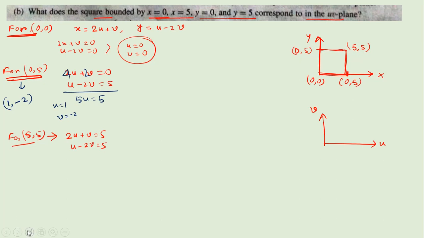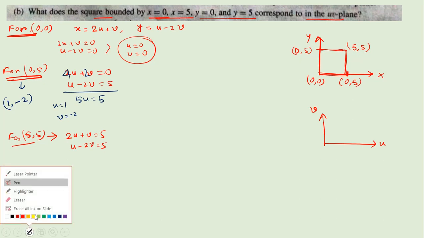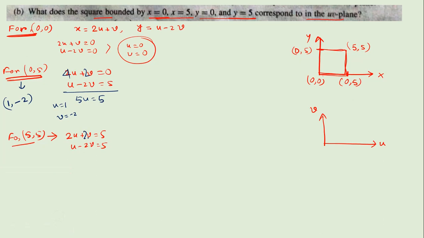So if you multiply by 2 here, this becomes 4. So 5u equals 10, u equals 2. If you put u as 2... no, this will be 10, so this will be 15.